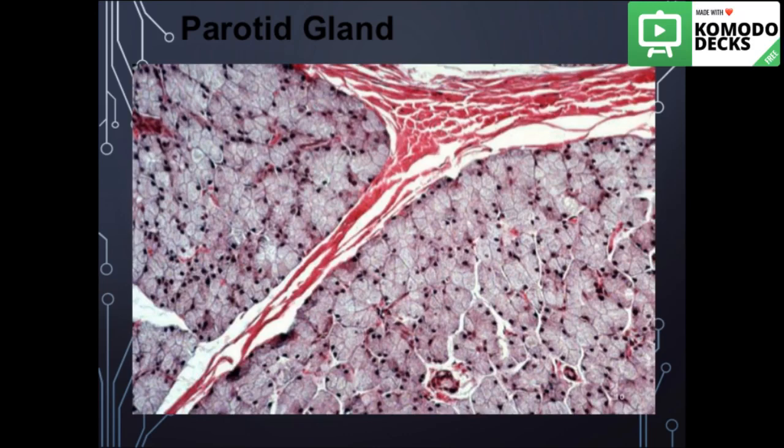The serous acini are with the intercalated ducts compressed in between, and the striated duct, bigger ducts, the collecting ducts.